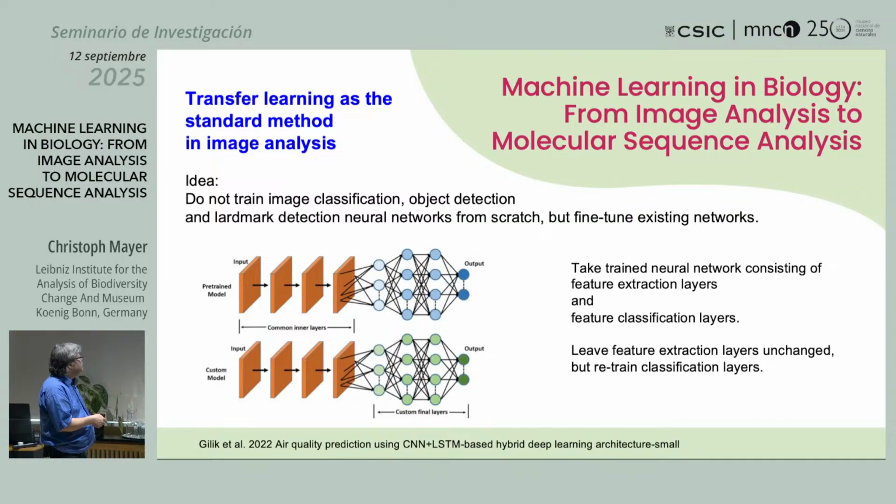So we actually just remove these layers here and add new layers for the classification. That could even be a different number of classes, and then we can train that. That will be more accurate and faster in training.